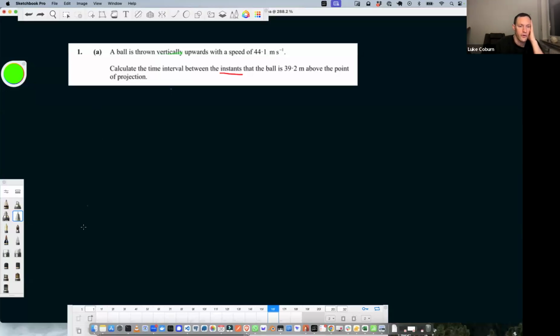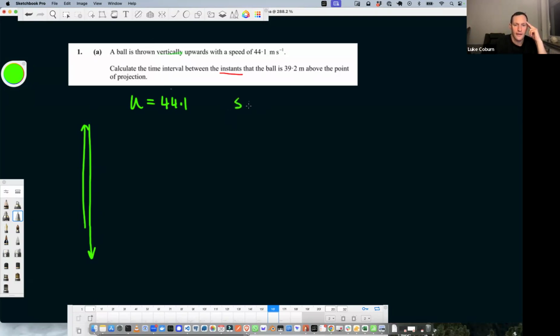Okay, so the ball is thrown vertically upwards, and then it turns around and comes back down. It's thrown vertically upwards with an initial speed of 44.1. We want to calculate the interval between the instants when the ball is 39.2 meters above the ground.